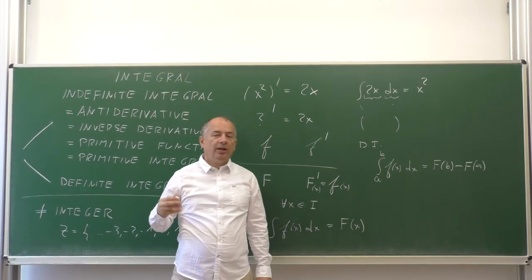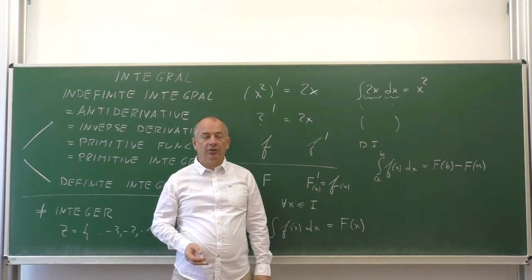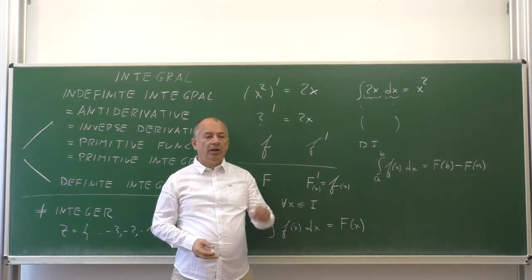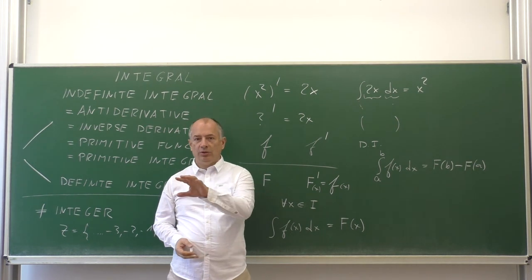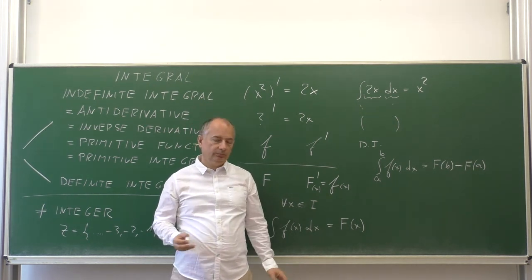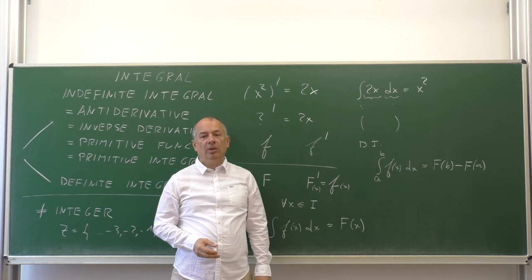Well, practical-oriented people like engineers, chemists, physicists, usually if they have a problem, they ask what is the solution of the problem. Mathematicians consider this as only the third question.